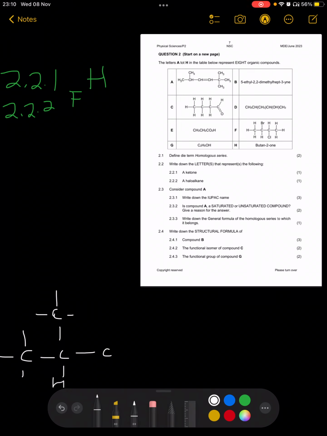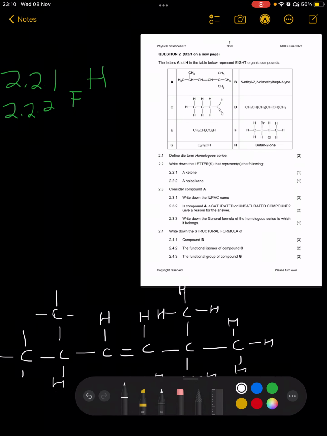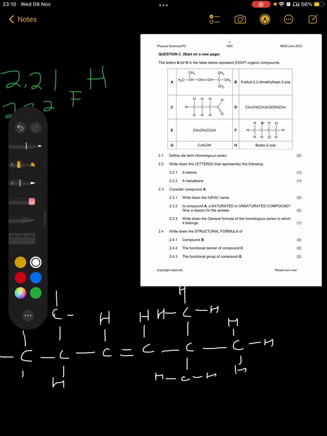Then there is a CH, a double bond, and a CH, and a C attached to a methyl group, and another methyl group, and another methyl last group.